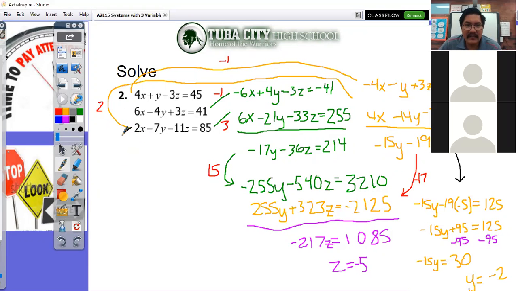Let's try to find one that's easy to solve for x, which I think is this one here. 2x minus 7y, where y is negative 2, minus 11z, where z is negative 5. Okay, and then make sure I'm putting all this in the right place. And that comes out to 85.